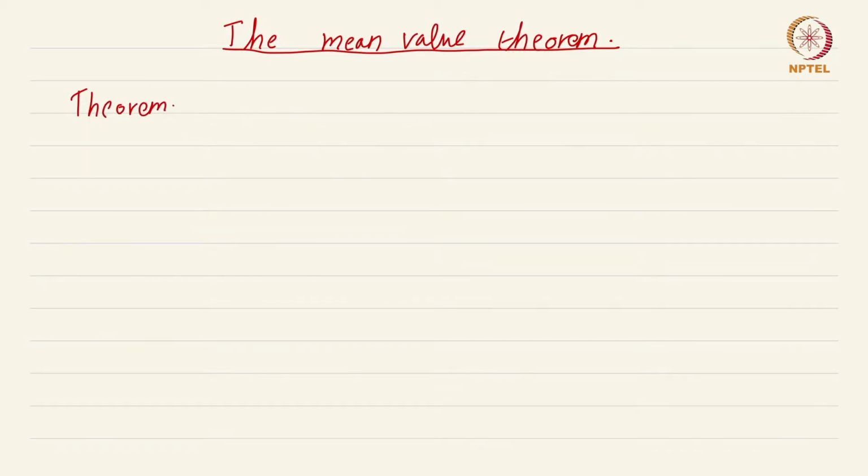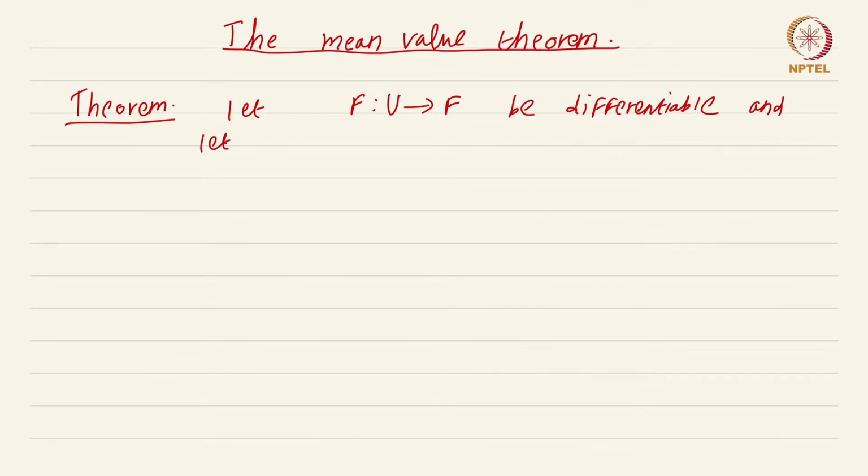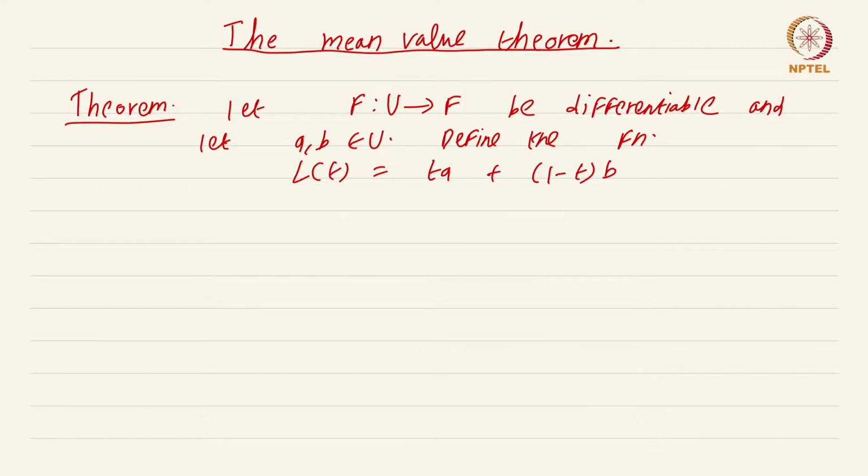Theorem: let f from U to F be differentiable. And let a, b be points of U. Define the function L of t to be nothing but ta plus (1 minus t)b.